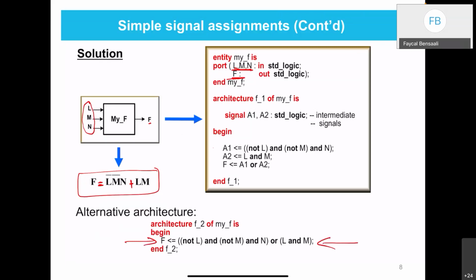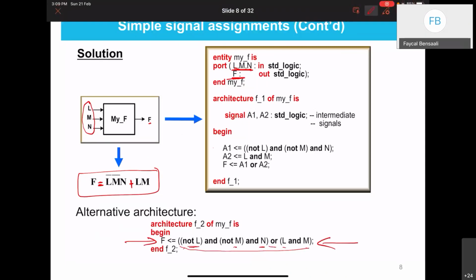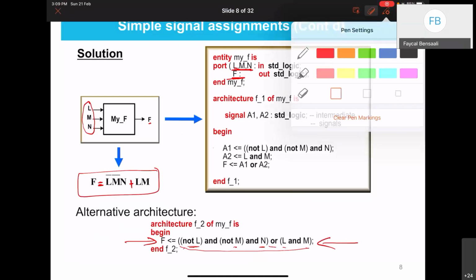This one, it's not a must. I think you can just do it in one statement. You just follow the expression. So F is equal not L and not M and N all together, or L and M, and that's it. I think this is the easiest one. Just one simple signal assignment. You can work with signals if you want.